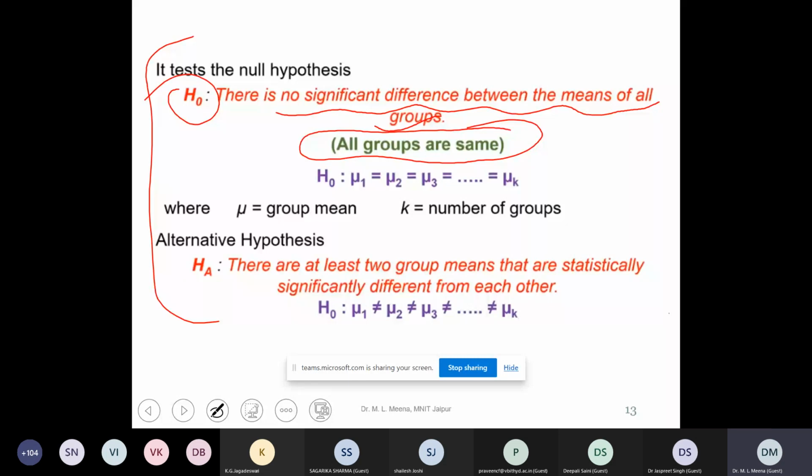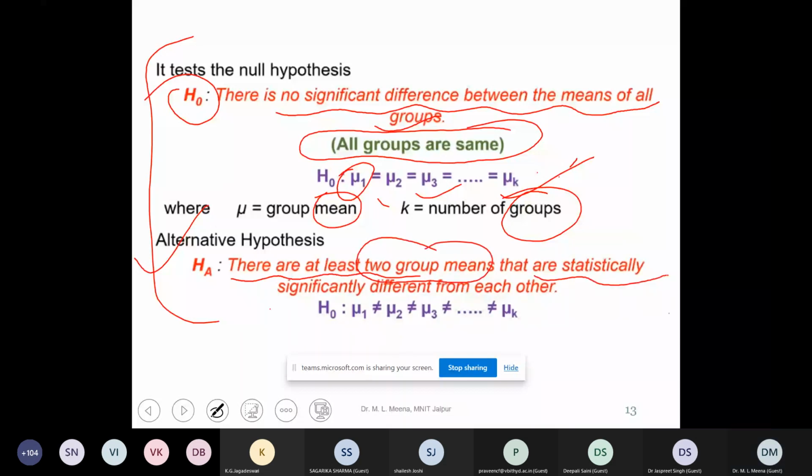So H naught means mu1 equals mu2 and so on up to mu k, where mu is the mean of a group and k is the number of groups. And the alternative hypothesis HA is that at least 2 group means are statistically significantly different from each other. We will solve one problem and then check whether the null hypothesis is rejected or accepted.